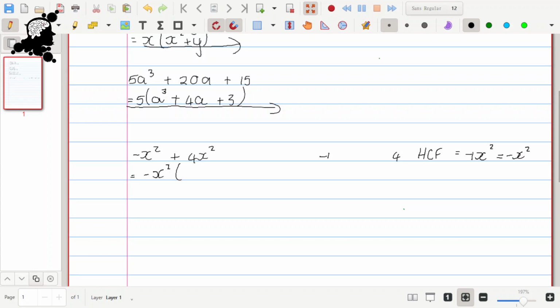Let me introduce a bracket. Now, we take the first term and divide it by the highest common factor. Negative x squared divided by negative x squared, that's just going to give me positive 1. So I put positive 1 there. Next, let me take 4x squared divided by negative x squared.